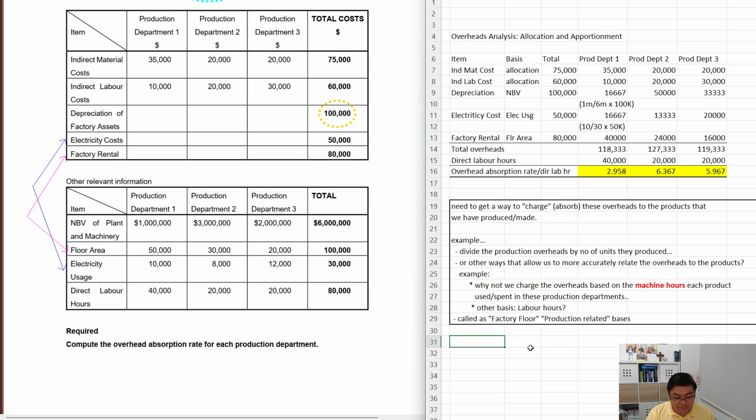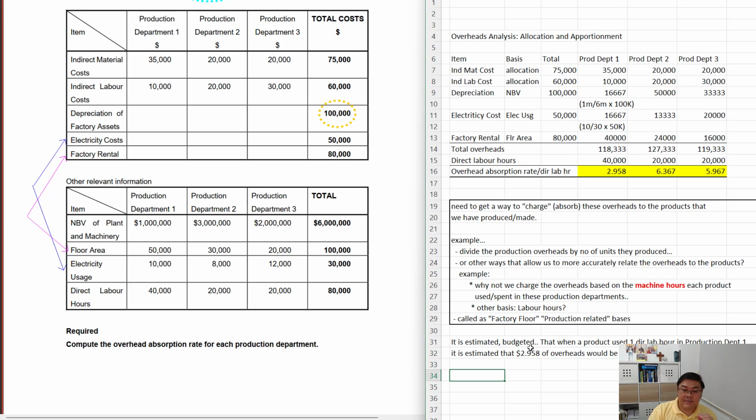For example, we can say that it is estimated or budgeted that when a product uses 1 direct labor hour in production department 1, it is estimated that $2.958 of overheads would be incurred.